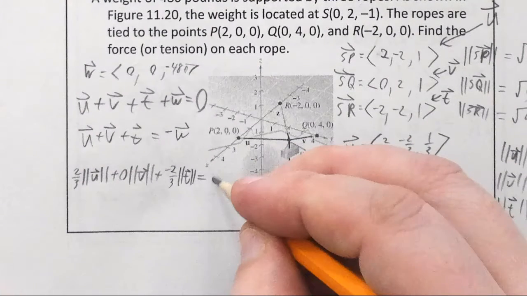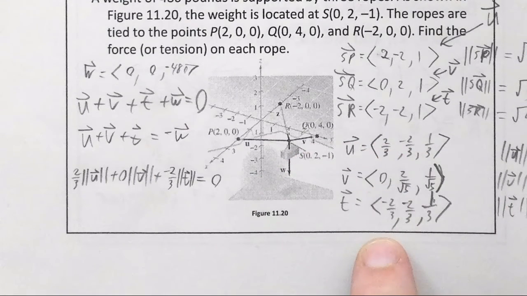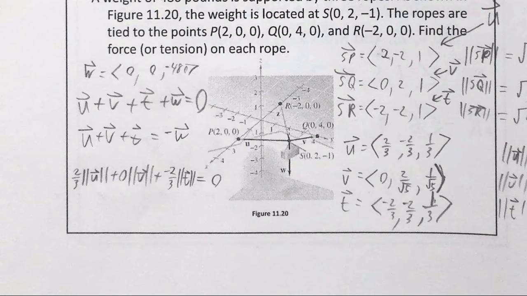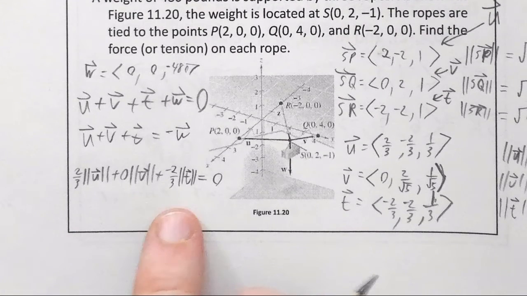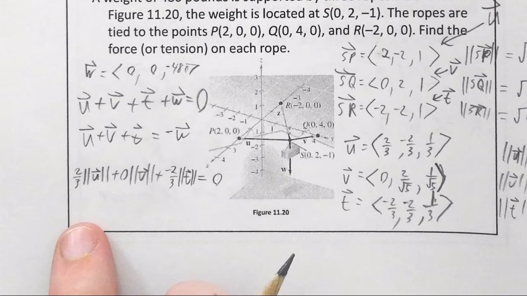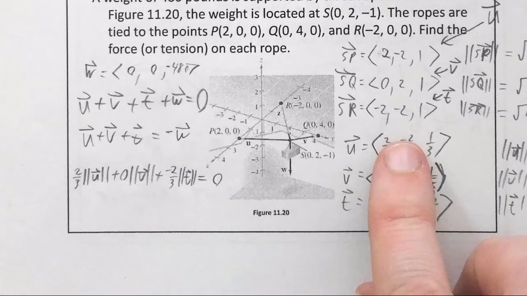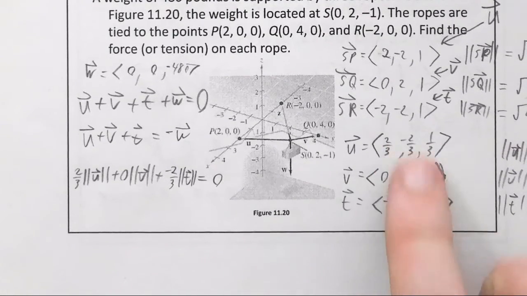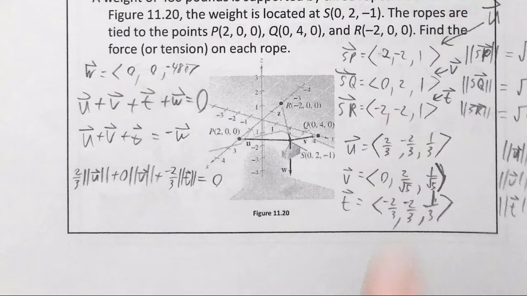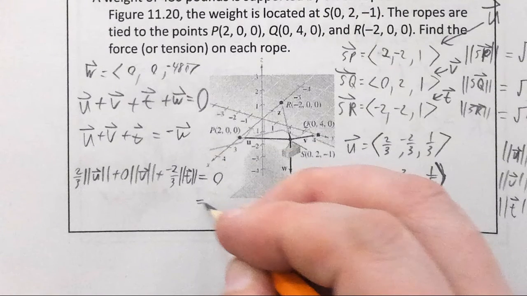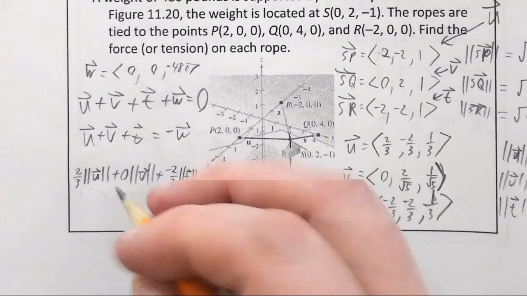Well, equal, what about w? 0. Because this is literally just the x values times each corresponding magnitude, which would equal the x value from w. The problem is I don't know the magnitudes. That's what I'm trying to figure out. So for the v, the exact same thing. I'm going to take all the y values this time, and again they're going to be equal to 0.